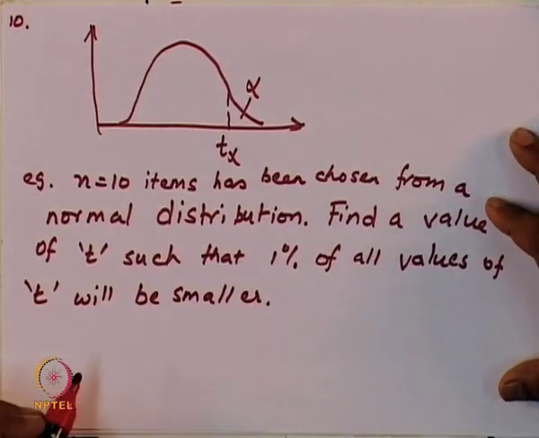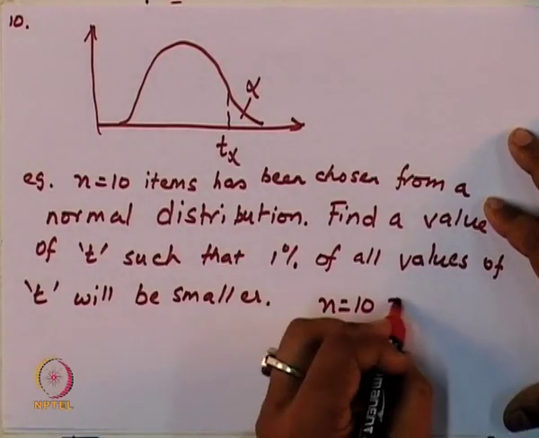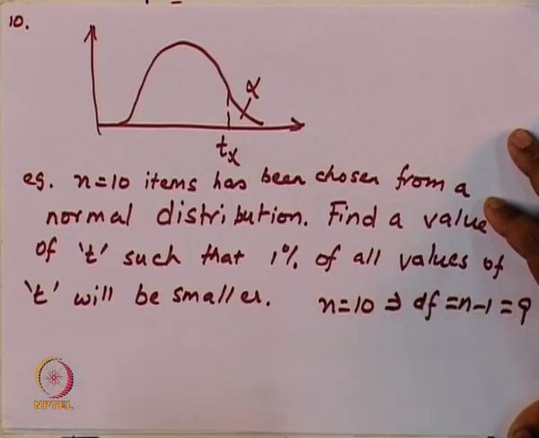As per this question, what we are given is n equal to 10, implying the degrees of freedom is equal to n minus 1 equal to 9.